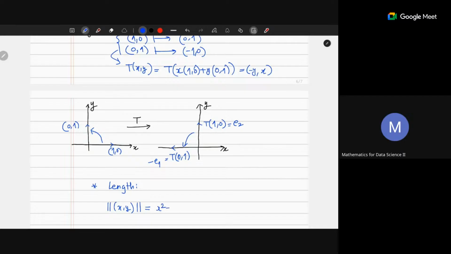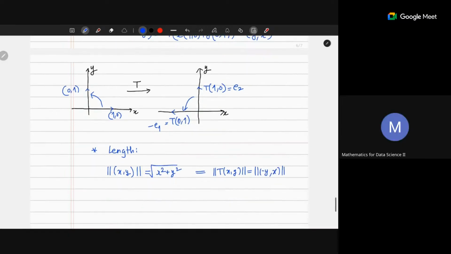It is the square root of x squared plus y squared. Now, what about the length of its image? What is the length of T(x, y)? It is the same thing. So this is the same, right?